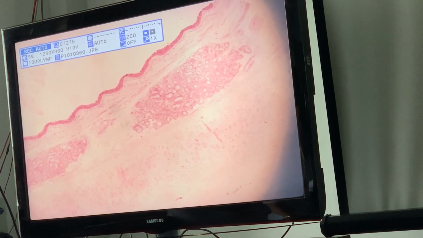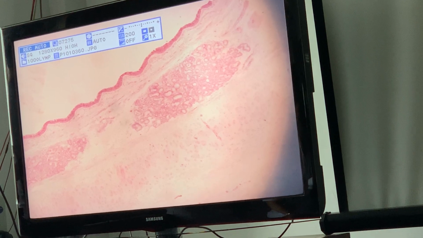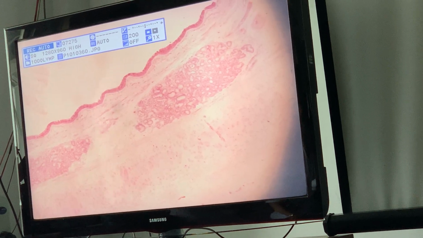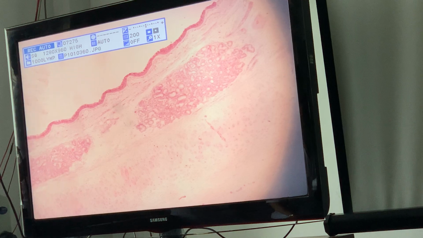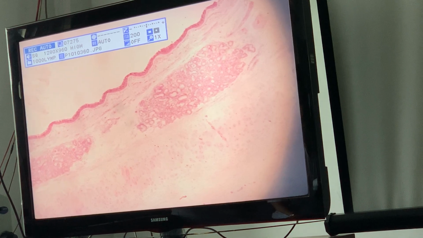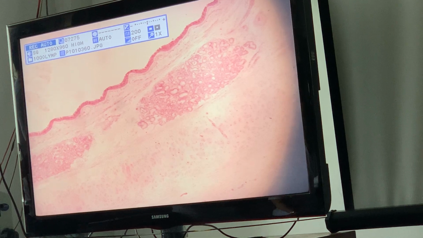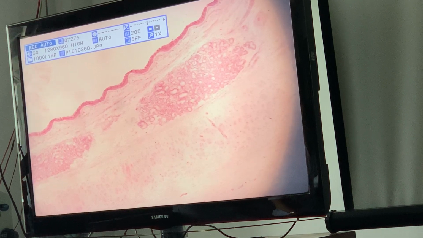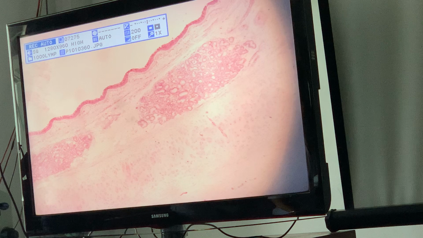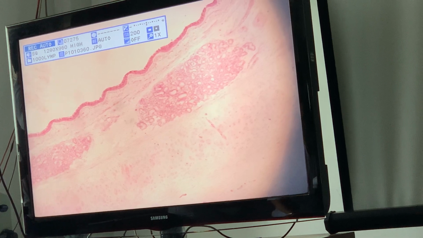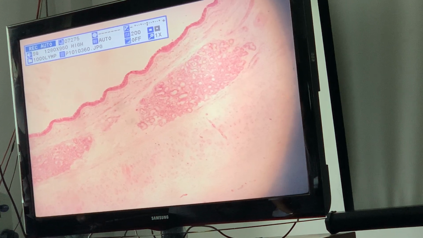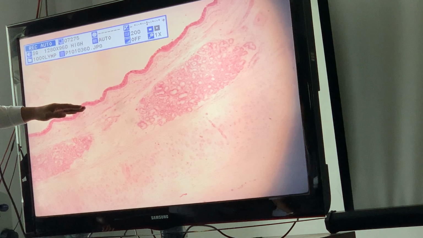The cells are really invading, like invasive ductal carcinoma of the breast. So again, why do we have to identify it? To differentiate between a carcinoma in situ and an invasive carcinoma is the intact basement membrane.